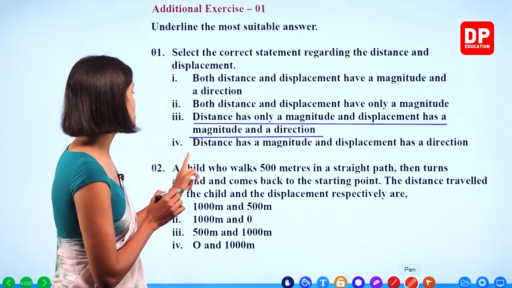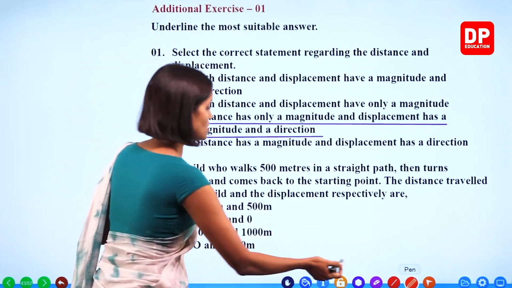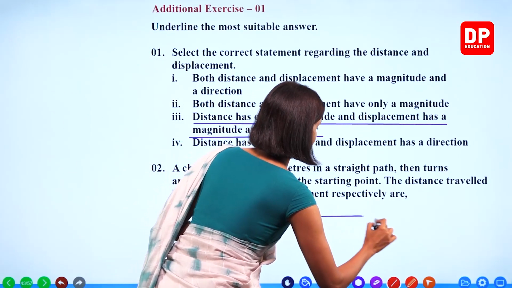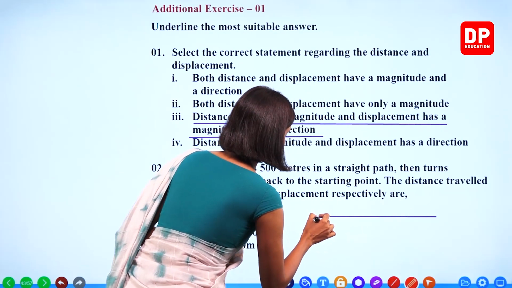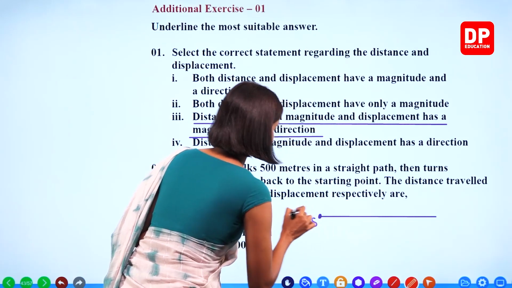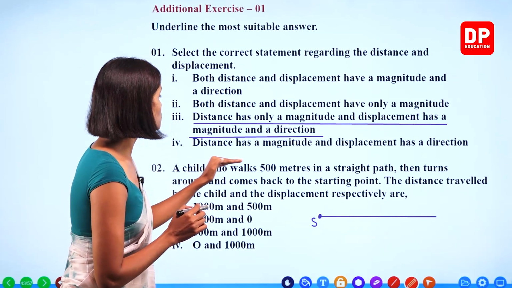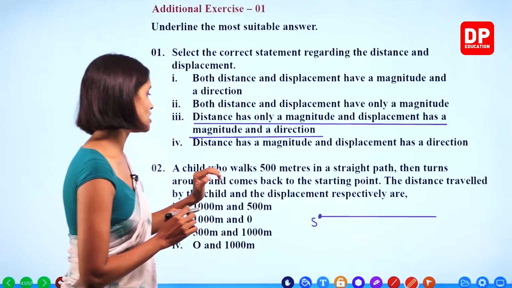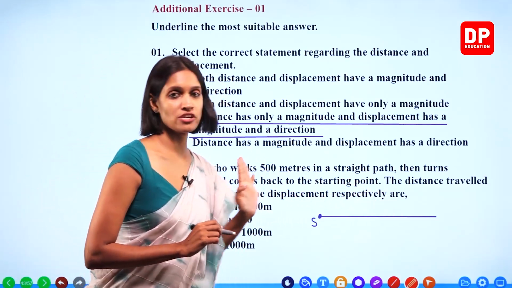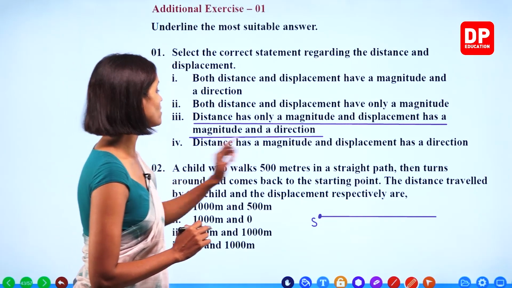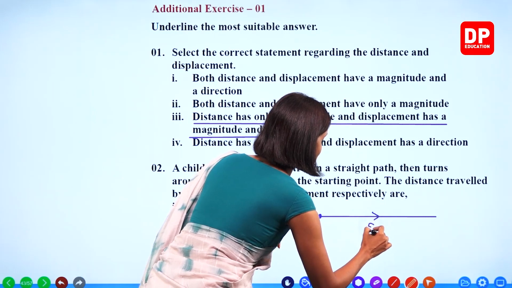If it's a straight path, we can draw the straight path like this. We will consider this is the start. It does not say any direction, therefore we will not mention that. We will consider he is walking in this direction 500 meters.